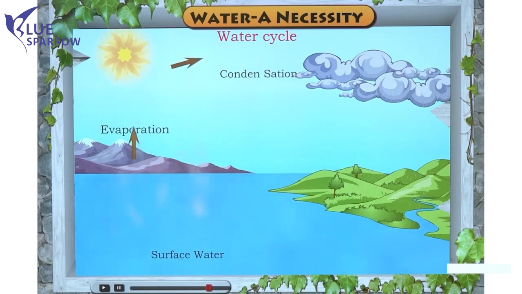When this water vapor rises high in the air, it cools down and forms clouds, which is called condensation. When the clouds become very heavy, they fall down as rain. This cycle is on continuous repetition in nature and it is known as the water cycle.